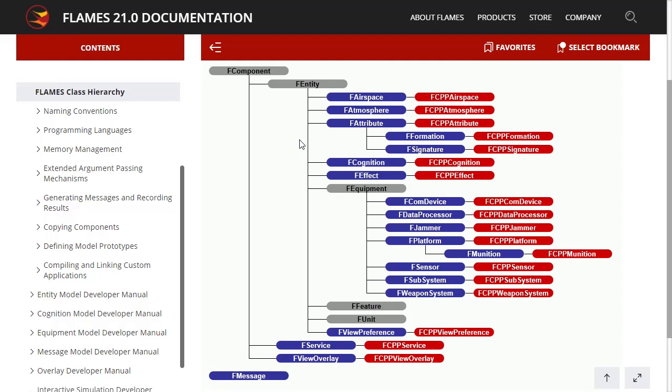And there was a standard stable language that was supported on multiple platforms. So that came quite a few years after we started writing Flames. But even after C++ came on the scene and it was a stable, mature language, we made the decision to not convert the core of Flames to C++. And there are a couple of reasons for that.